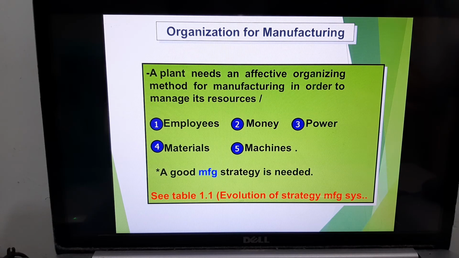And lastly, you have job lot production, where job lot production will involve batch production. That means you're going to produce in batches or lots, but it's not going to be an everyday issue. You're going to produce products when there is a necessity.